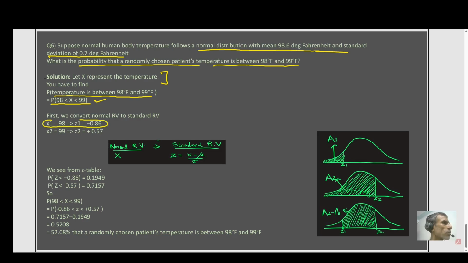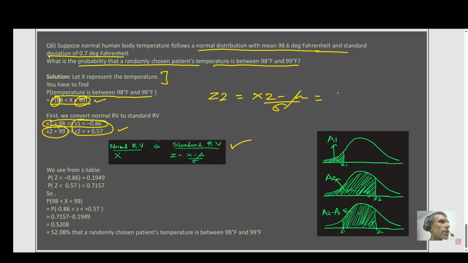So first we convert, just like I did before. My x1 is 98 and my x2 is 99. I map them to z1 and z2. How do I do that? I use this formula right here. I'll do one for you, this time z2. My z2 is going to be equal to x2 minus mu divided by sigma.